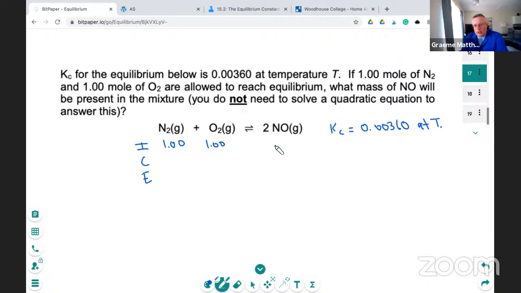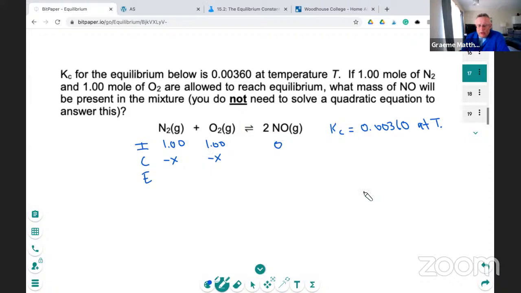Well, first off, I write down 0 for the product, because nothing has happened. Then minus x and minus x, because it's got to be losing on the left-hand side, since there's nothing on the right-hand side.